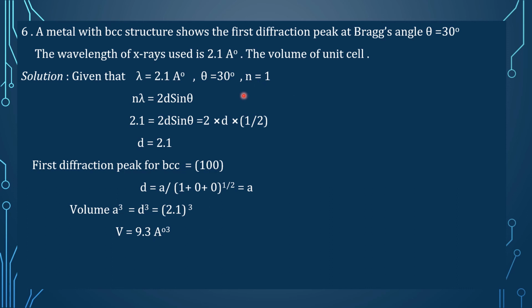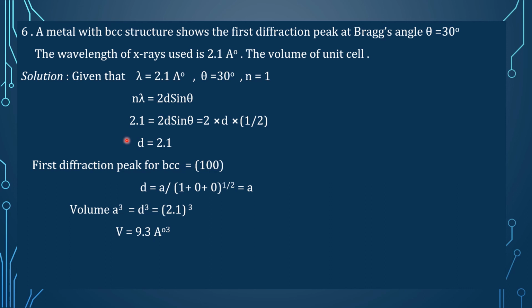So from the Bragg's equation, n lambda equal to 2d sin theta, with n equal to 1, lambda equal to 2d sin theta. Substitute the value of lambda, 2.1 equal to 2d sin theta. Here theta is 30 degree, so sin 30 degree will be half. So 2 into d into half means we get d equal to 2.1.